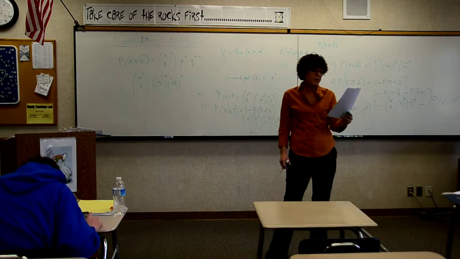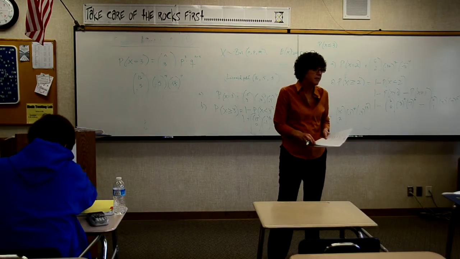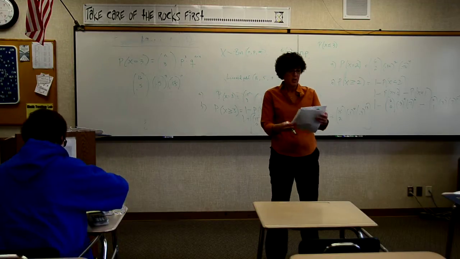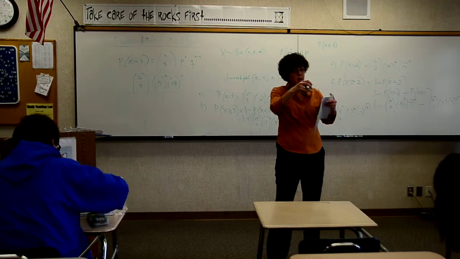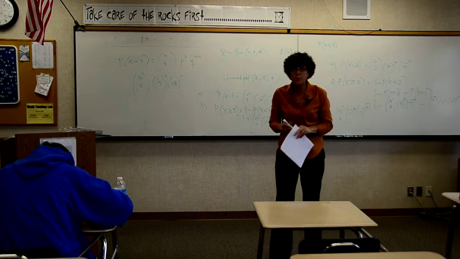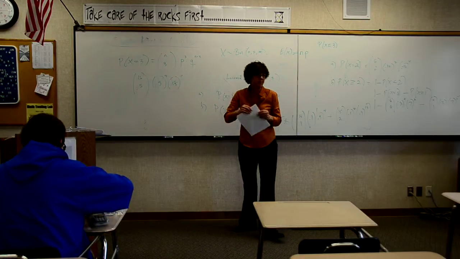Given that 10% of us are left-handed, find the expected number of left-handed people out of 35. 35 times 0.1, 3.5 people. Okay, do these problems that are at the end of this packet in addition to the binomial distribution assignments. Got it?